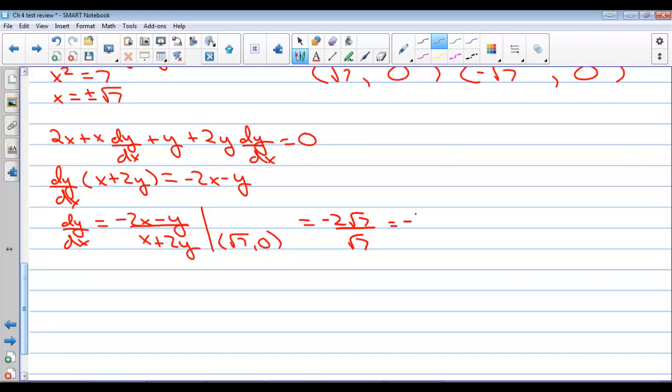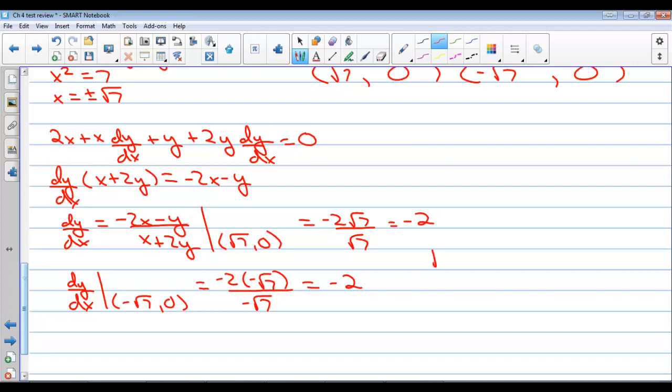So the slope is negative 2 at positive square root of 7. And then dy/dx evaluated at negative square root of 7, 0 is equal to negative 2 times negative square root of 7 over negative square root of 7, which is a positive over negative, which is still negative 2.